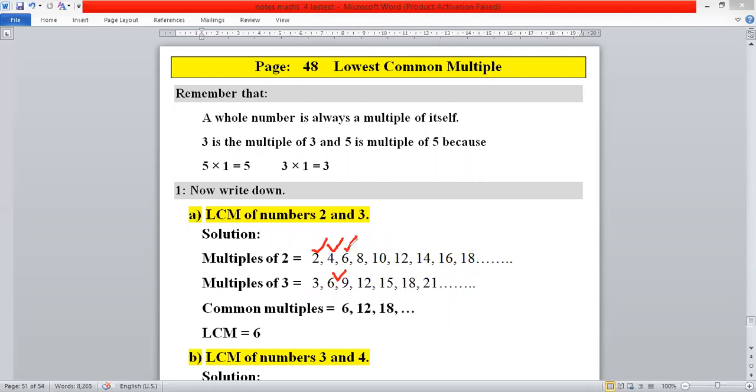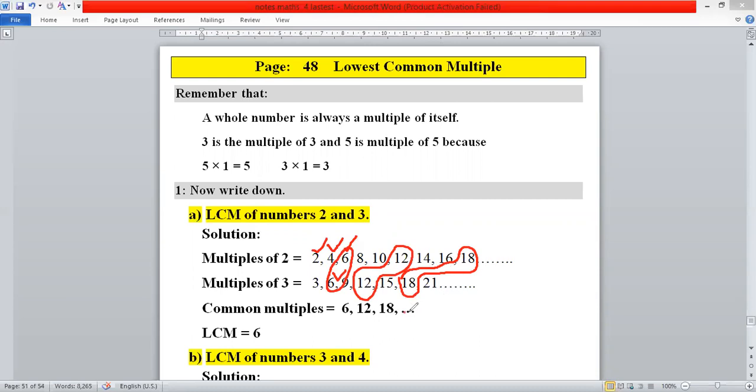So we loop 6. Then similarly we loop 12, and then 18. Here we will loop all common multiples, and after that we put dot dot dot, because multiples are uncountable, therefore definitely there will be more common multiples.